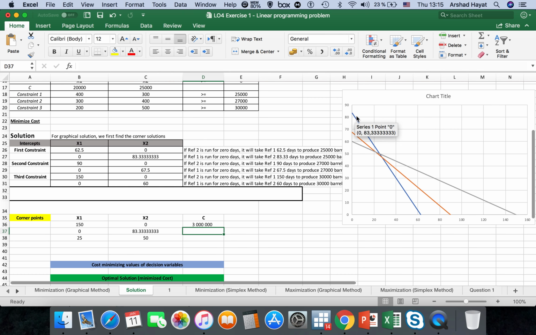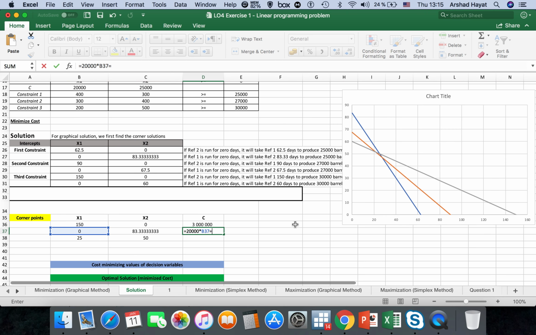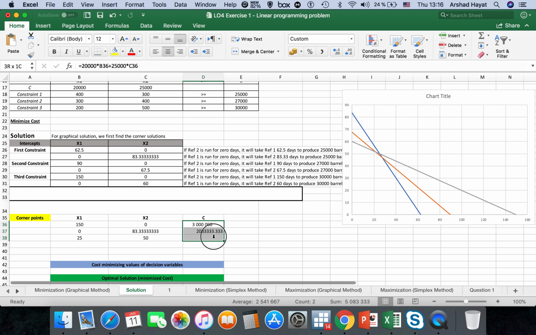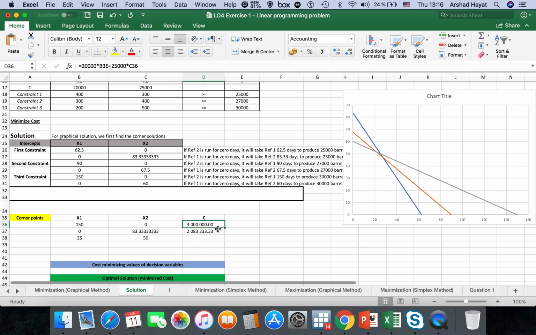But if we run at this point, which means we run only the second refinery for 83.3 days and refinery 1 for 0 days, then we would have 20,000 multiplied by 0 days plus 25,000 multiplied by 83.3 days. That is 2.08 million.